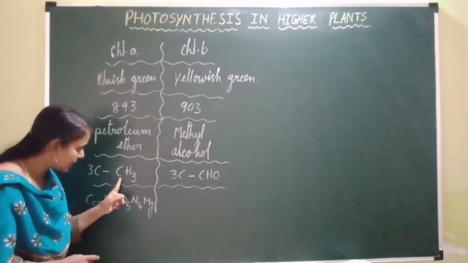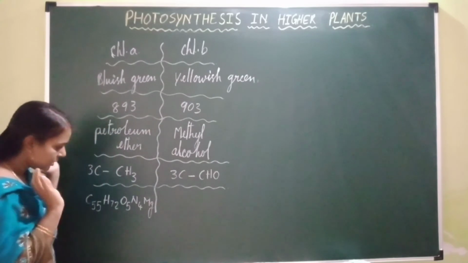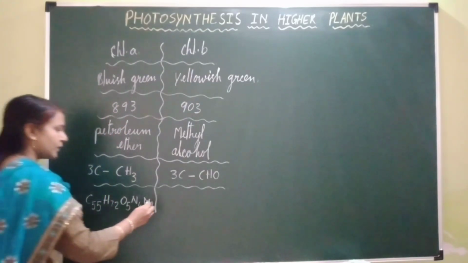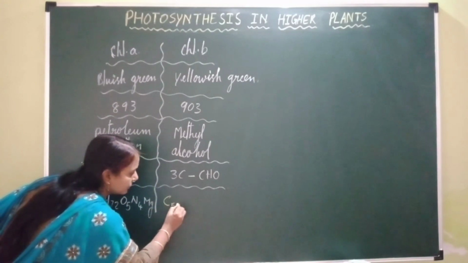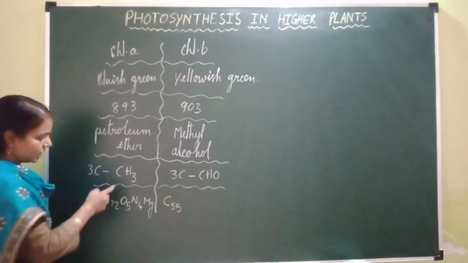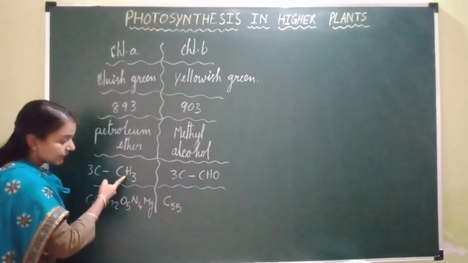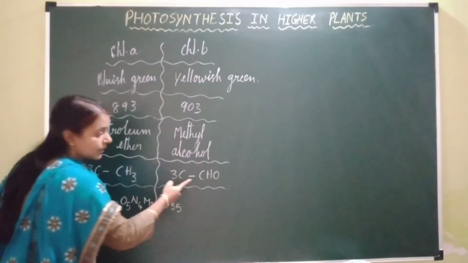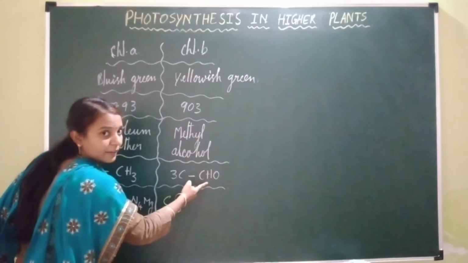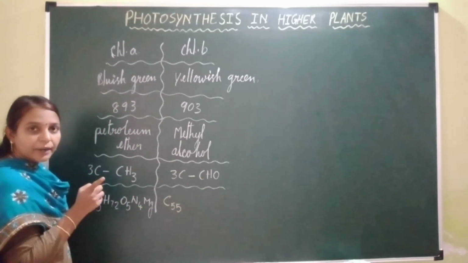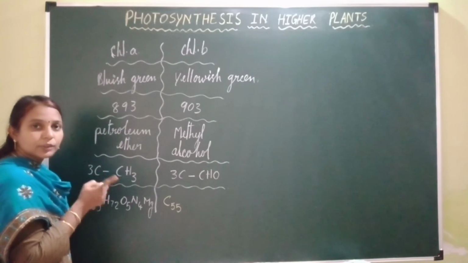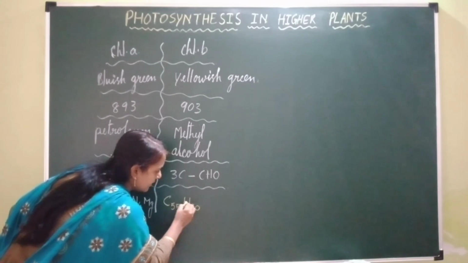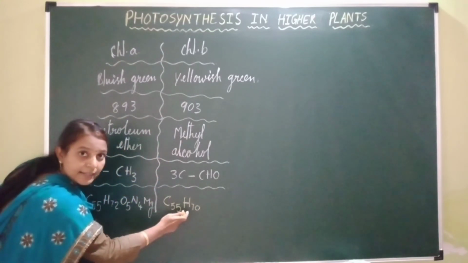Here also one carbon is there and here also one carbon is there. So there is no change in the number of carbon atoms. So C55. Next, coming to hydrogens. The number of hydrogens present at the third position of chlorophyll A is 3, whereas in chlorophyll B it is only 1 hydrogen. That means in chlorophyll B 2 hydrogens are fewer than in chlorophyll A. So H70. Here H72, but here H70.